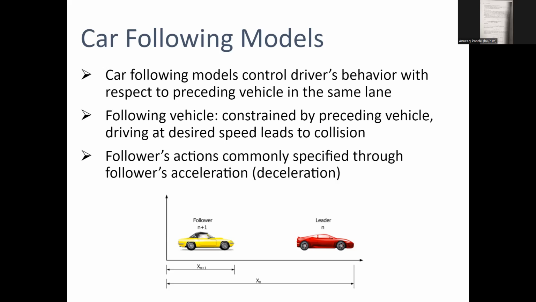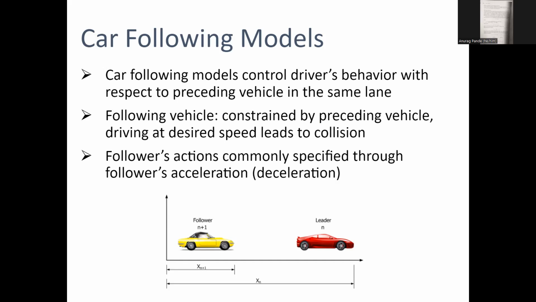If the following vehicle does not take care of what the actions of the lead vehicle are, that could lead to rear-end collisions. And our assumption obviously is that drivers are trying to prevent rear-end collisions and their behavior will be in accordance with that.